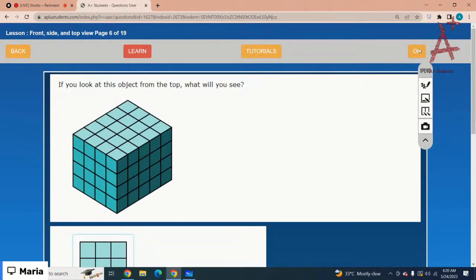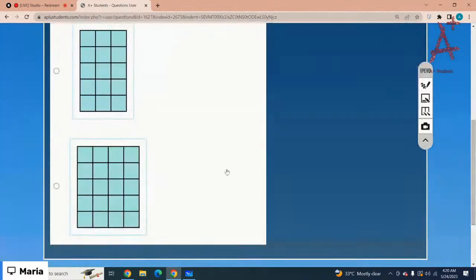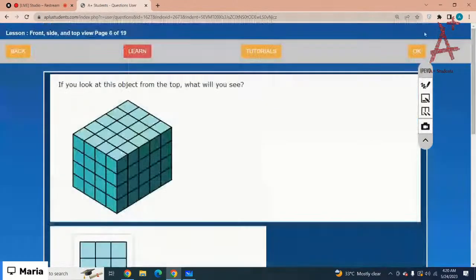Okay, if you look at this object from the top, what will you see? From the top, you can see this view. So it would be one or two. It would be two for sure.